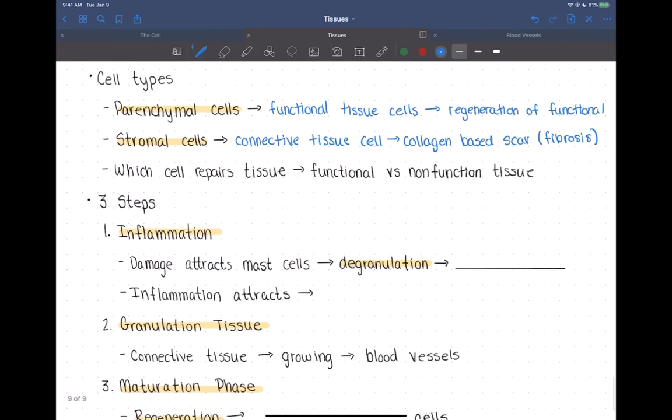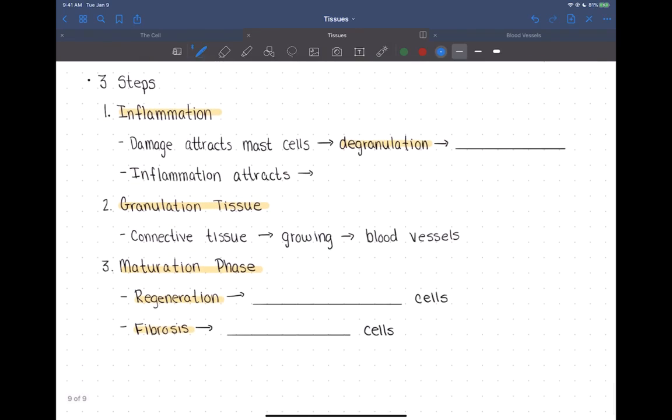The first thing that's going to trigger is inflammation. Some signs of inflammation are redness, swelling, heat, and pain.